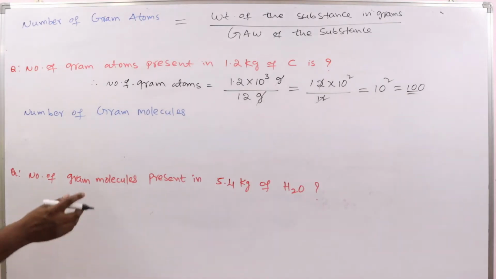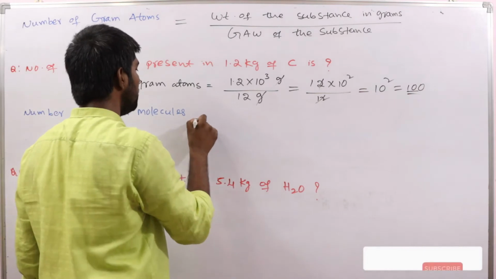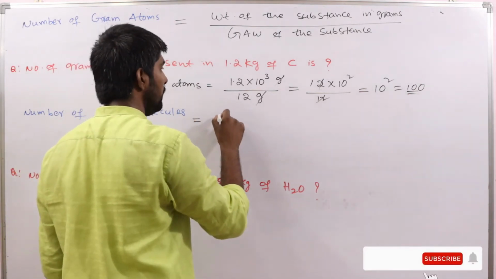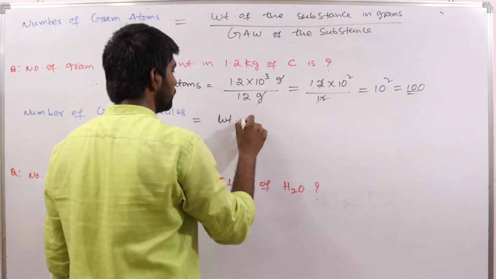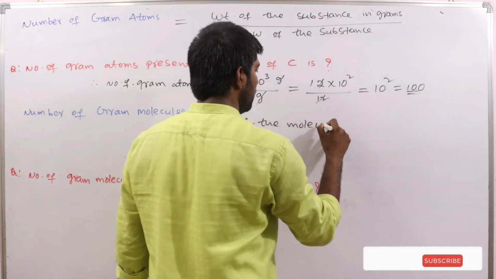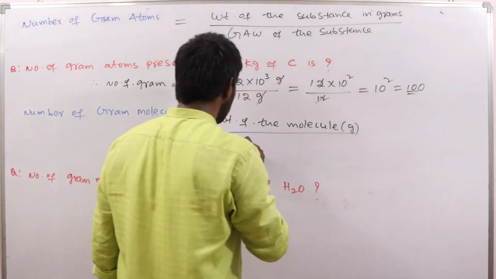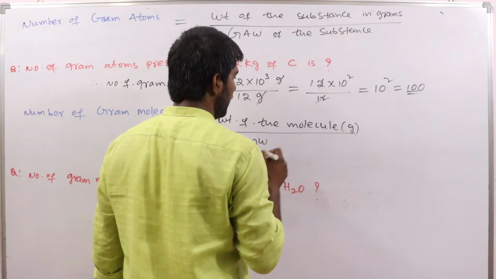In the same manner, number of gram molecules. What is the formula? Number of gram molecules is equal to weight of the molecule expressed in grams by gram molecular weight.